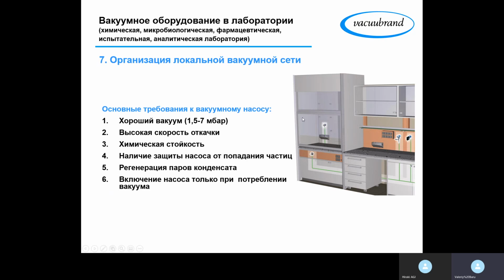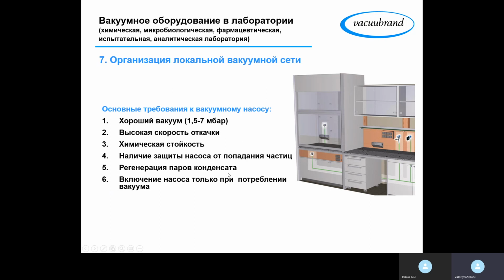Pretty much the same requests for the vacuum pump. So we need a relatively high vacuum that can go down to, let's say, 1.5 to 7 millibars, and a high pumping speed. This is pretty obvious because we have not a lot of, but anyway, more than one application that will require the vacuum. That's why we need a high pumping speed.